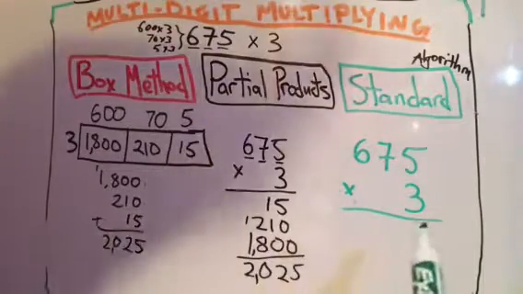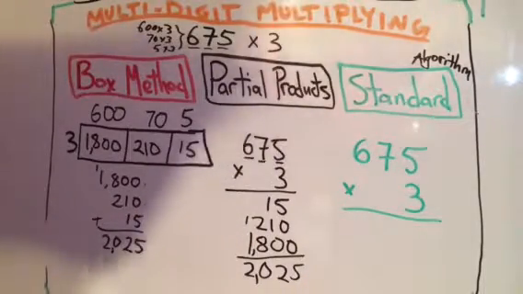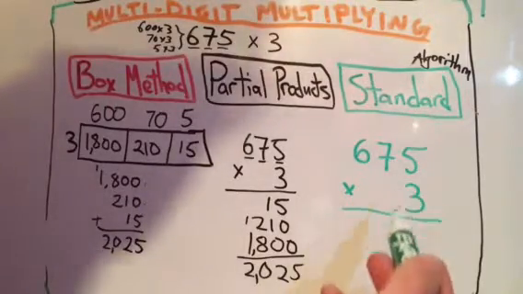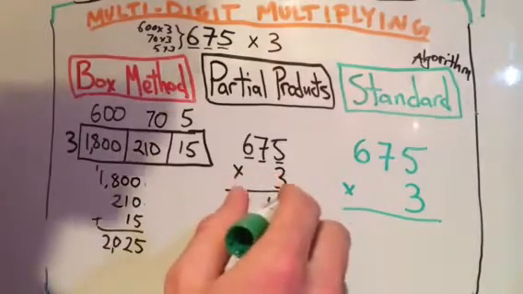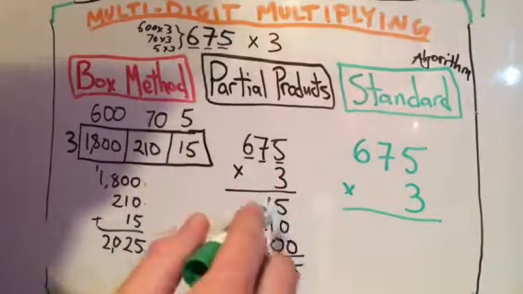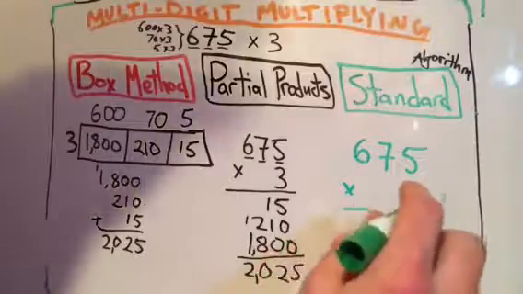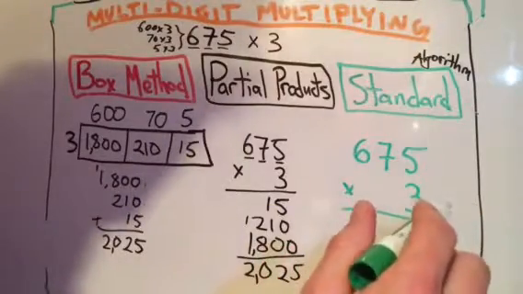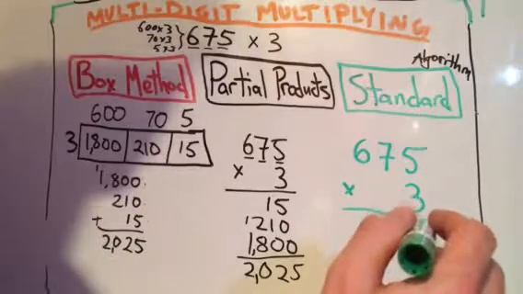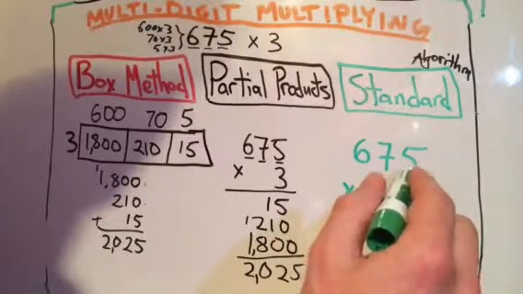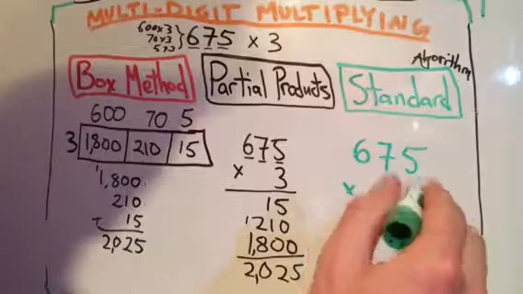And so while it works great and while it's powerful and fast, and it really is good for people to build to this algorithm, it's important to keep your common sense so you can be a good estimator and so you can do some mental math. Sometimes people who only know the standard algorithm, well, sometimes they can have a harder time with mental math or estimation. But let's look at it.